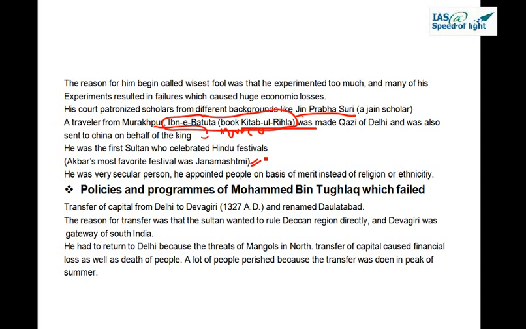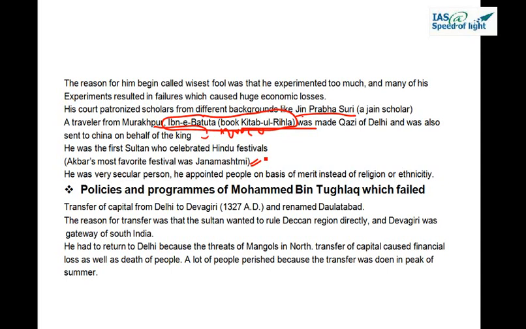So therefore, in order to punish them, the Sultan, now Muhammad bin Tughlaq, decided to shift the capital. Another contemporary writer, Isami, says it was a place at a safer distance from the northwest frontier and thus safe from the Mongols. So in view of different versions, it is difficult to assign one definite reason for the shift.